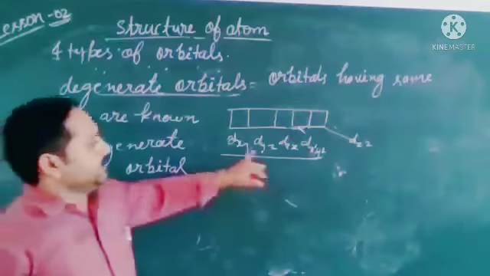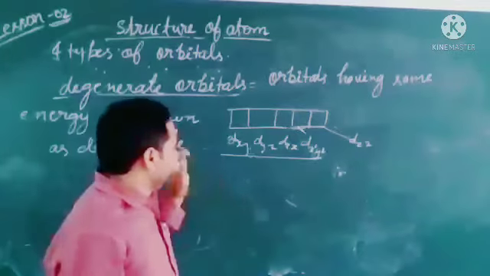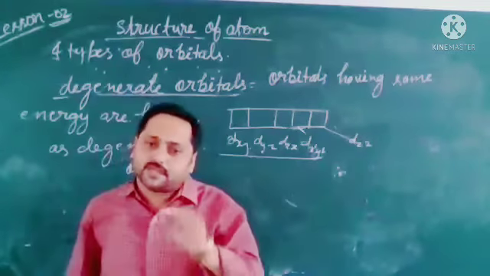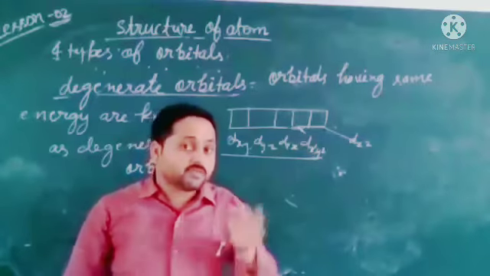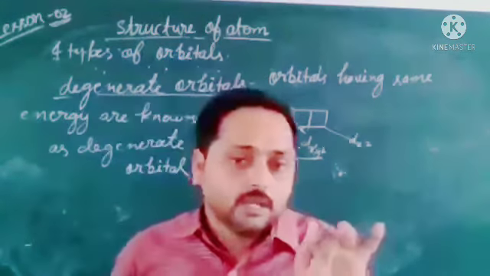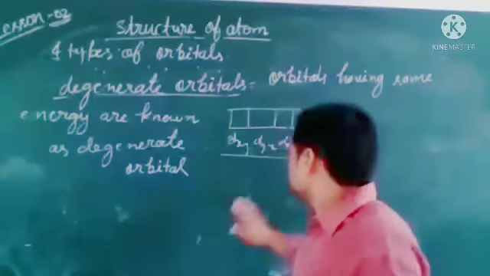So all the d orbitals are degenerate because they have the same energy. Whatever the orbital is, that doesn't matter, if they have the same energy, they will be known as degenerate orbitals.